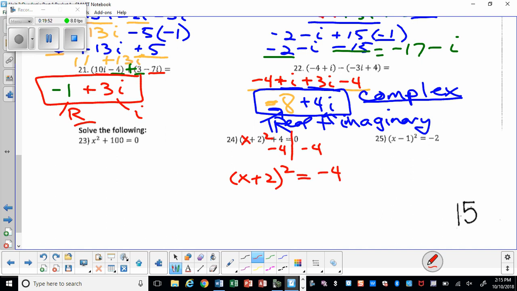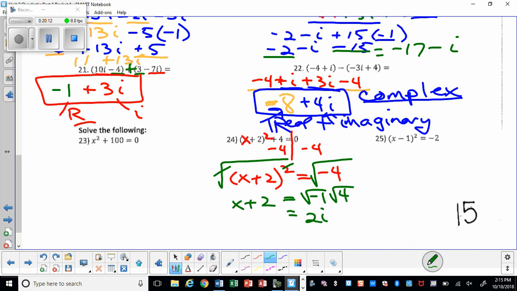Right? And then now I'm going to square root both sides. So this undoes that, and so I get everything underneath. x plus 2 equals, remember, this is the square root of -1 times the square root of 4. And so that would be 2i. You've got x plus 2.